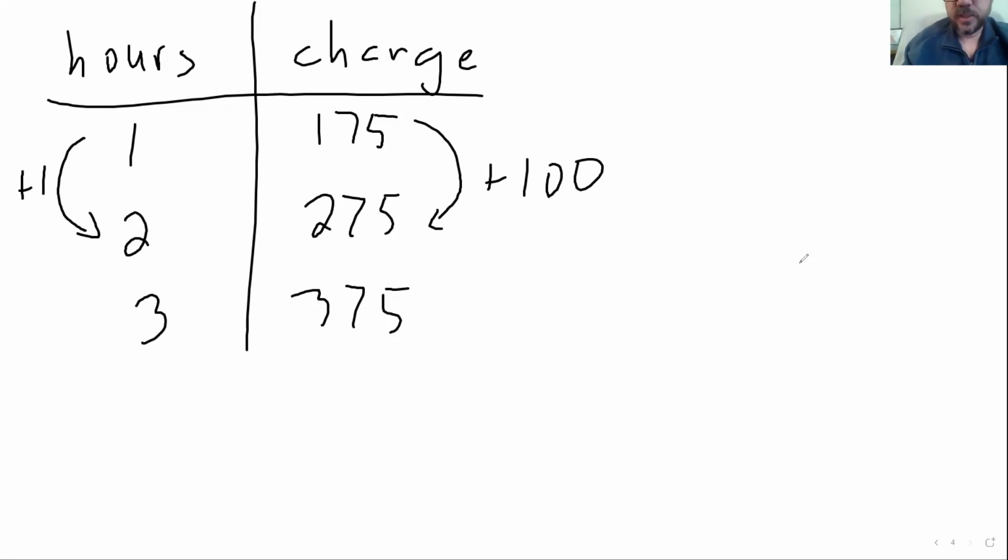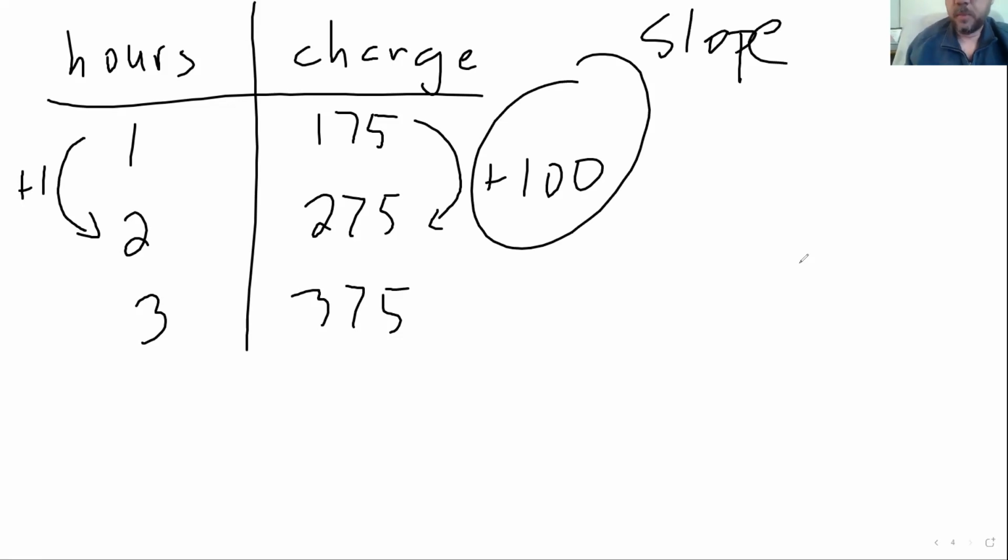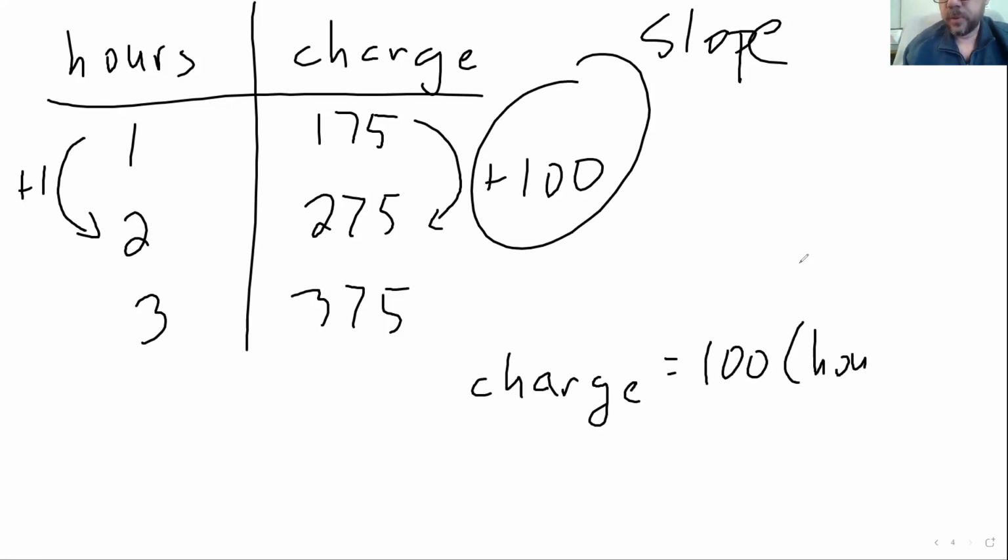So that tells me that this is my slope. Right? That's M. So what I've got here is really charge equals 100 times hours plus B. Right?